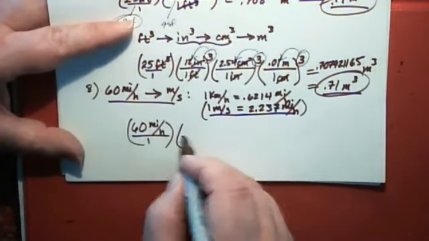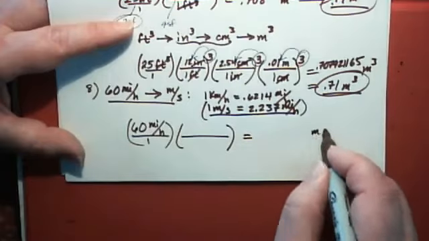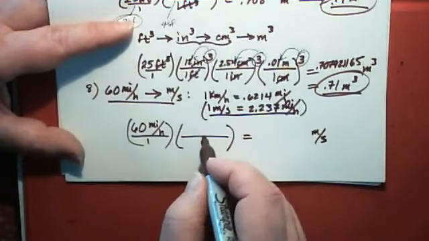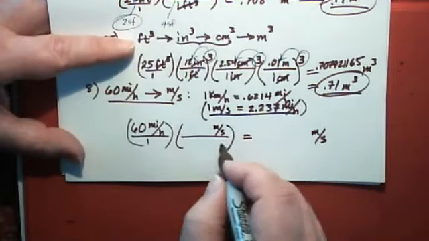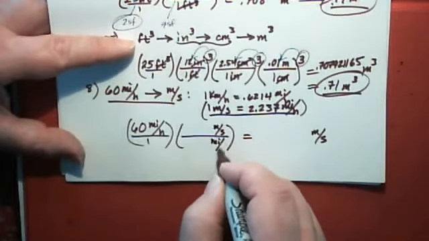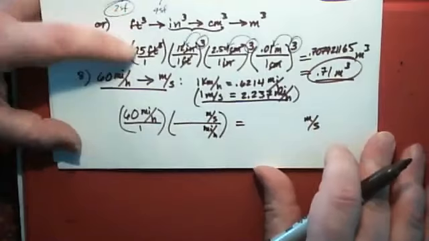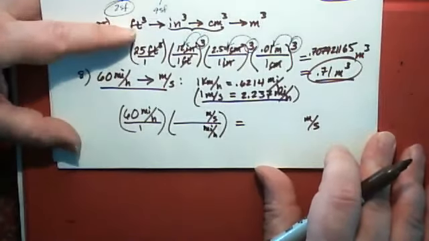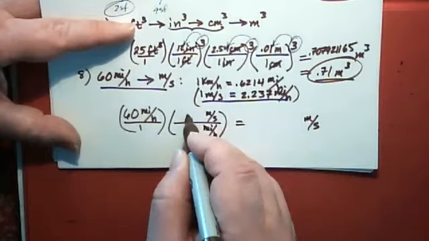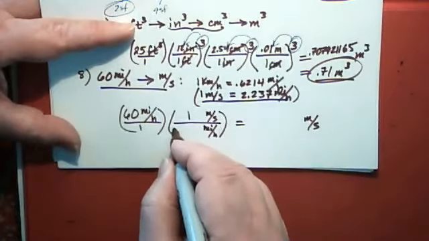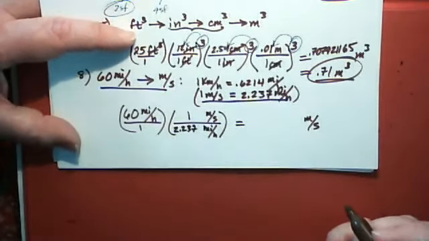And we have our conversion factor, and then hopefully we will end up with something in meters per second. That means that meters per second in the conversion factor should go on top, and miles per hour should go on the bottom so that it will cancel with the miles per hour we started out with. We saw for the conversion factor, there's 1 meter per second for every 2.237 miles per hour.